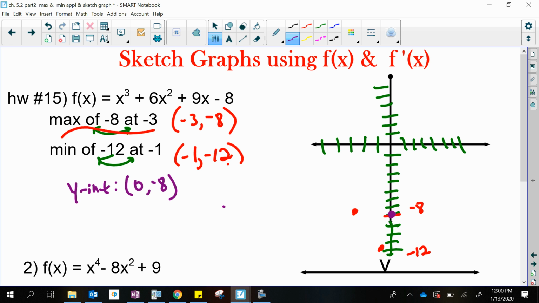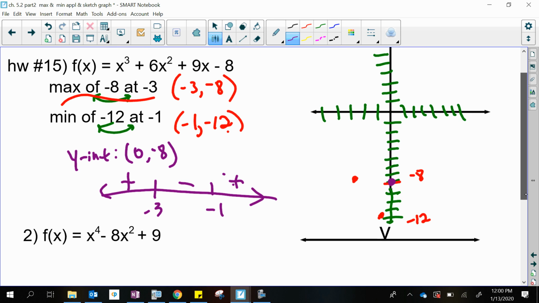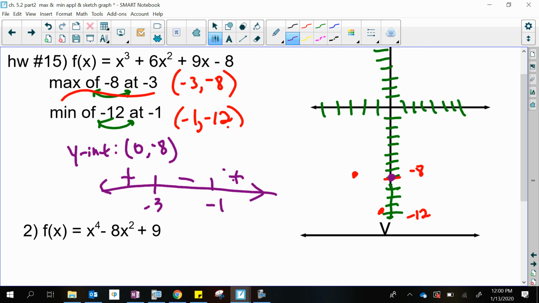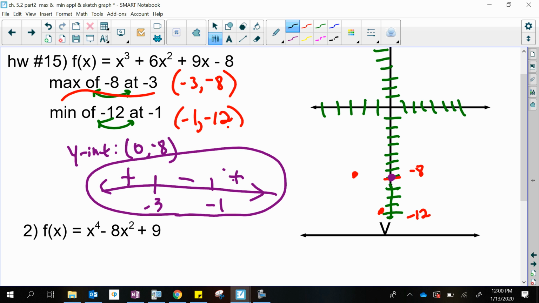Okay? And if you look back at your homework, you had this little number line, right? And if you found that there was a max happening at -3, then you found that it was increasing, then decreasing, then increasing. So we can sketch this graph just using what we know here and our points and connecting the dots.